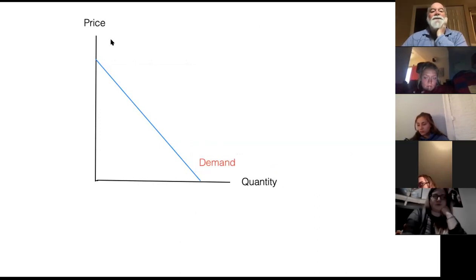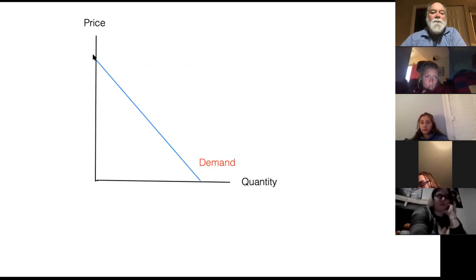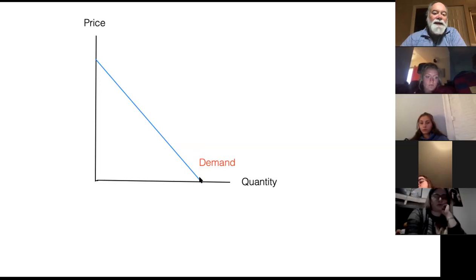Okay, so here's the trick. When you have a straight line demand curve, it is easy as can be to draw the marginal revenue curve. The marginal revenue curve always starts at the same point on the vertical axis and lies under the demand curve and intersects the quantity axis exactly halfway between the origin and where the demand curve intersects the quantity axis.